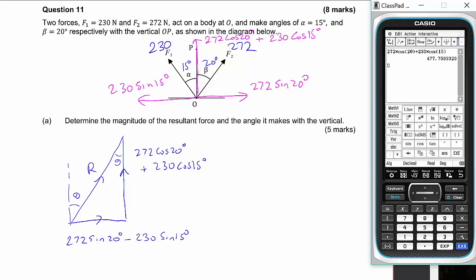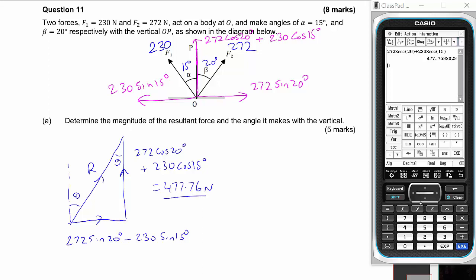What does that give me? 477.76. Okay, it's in newtons, isn't it?